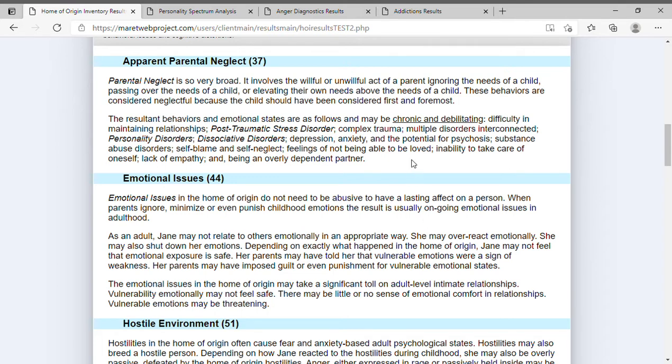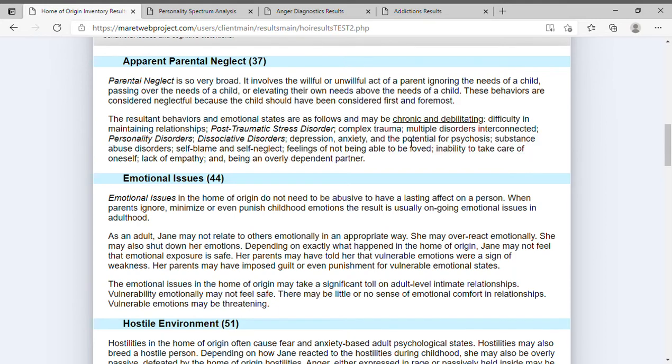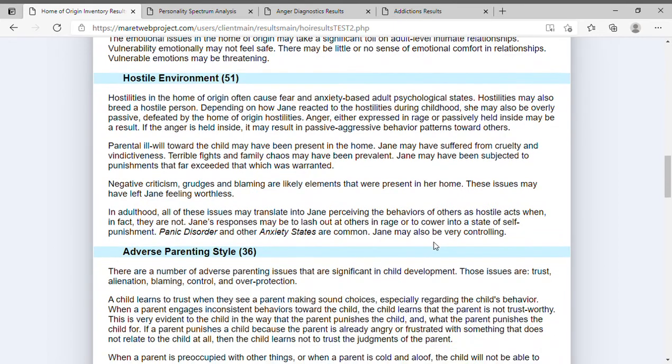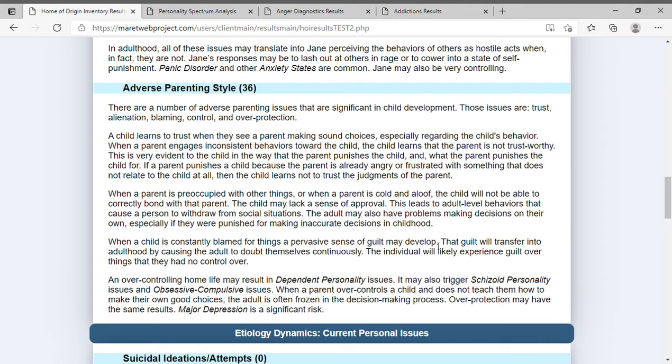This one, parental neglect, is really a devastating thing to somebody, chronic and debilitating. Emotional issues in the home will cause emotional issues in life. Hostile environment will either cause cowering or it will cause hostility and maybe some clinical anger issues.